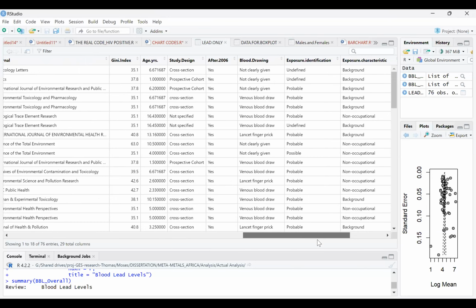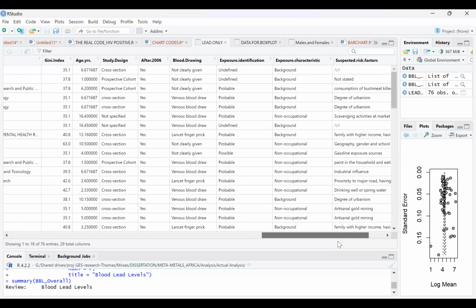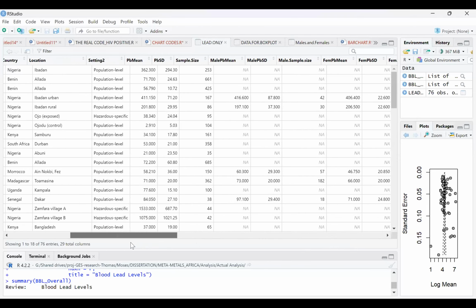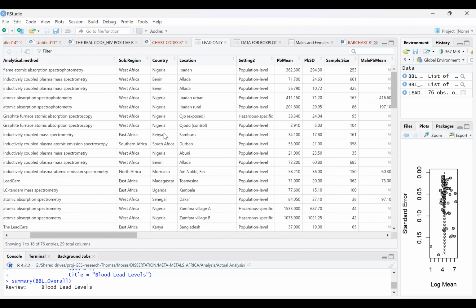And the method of drawing the blood, whether they used venous blood draw or some form of finger prick. The exposure, whether exposure was identified, all those kinds of factors. This is the structure of the data. It's a very large database. So make sure if you are doing a meta-analysis, your data is very, very important.